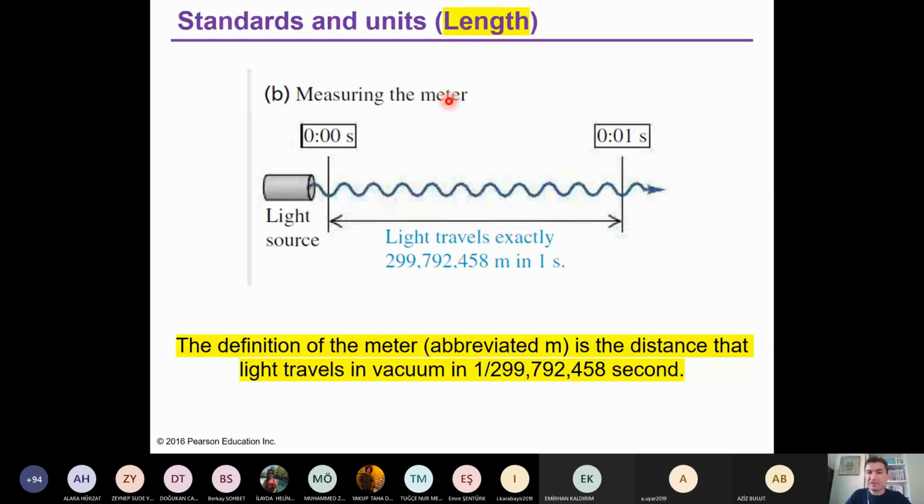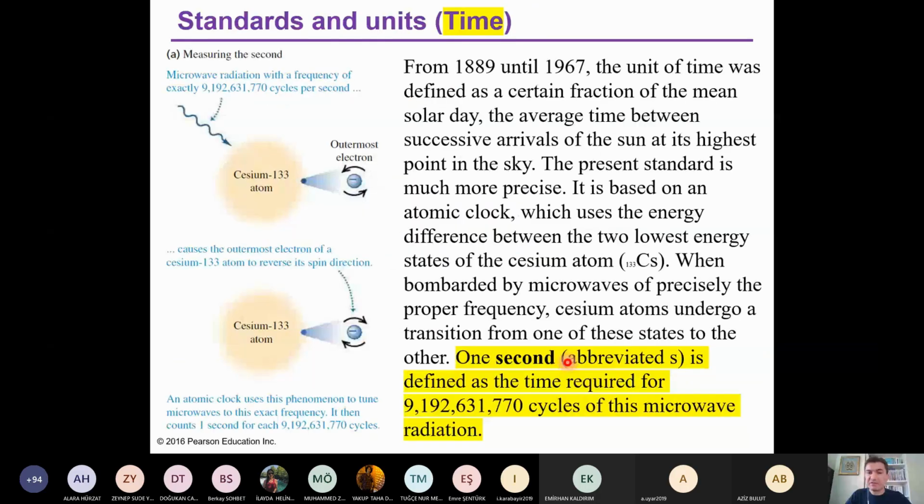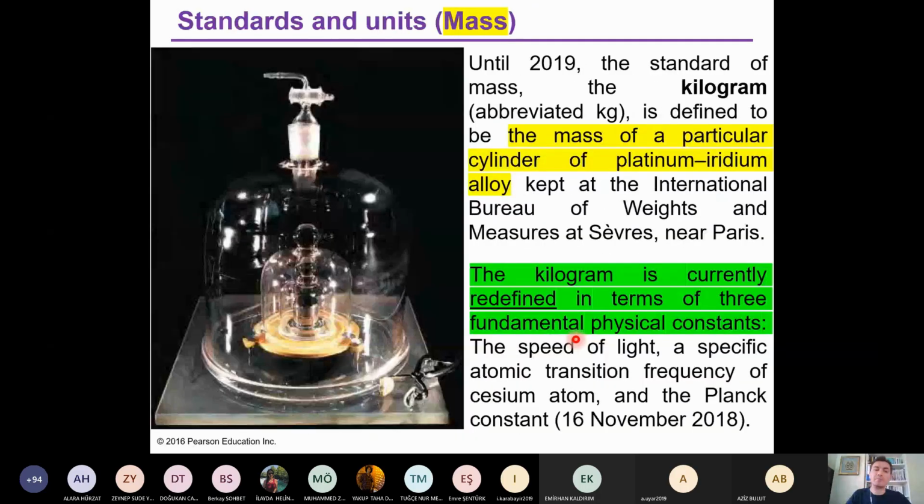So these 3 important fundamental physical constants now gives us the standard of the kilogram, starting from 2019. In the book, you will see that the standard is defined with that one, but it is not updated. So this is the up-to-date information. Do you have any question here in that point?